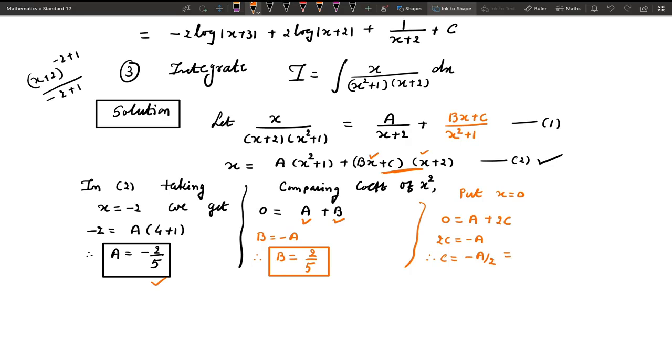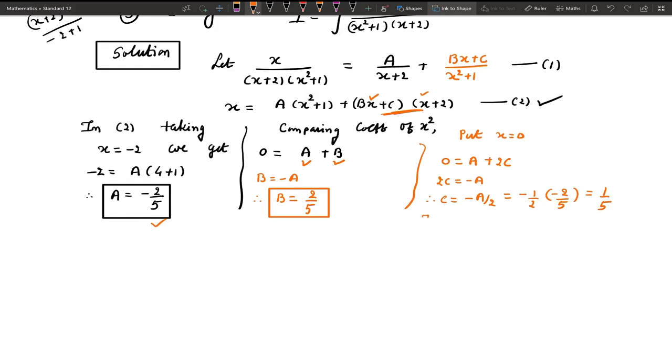Put the value of a which is minus 2 by 5, so minus minus plus 1 by 5, so thus c equal to 1 by 5. So this is the value for c.